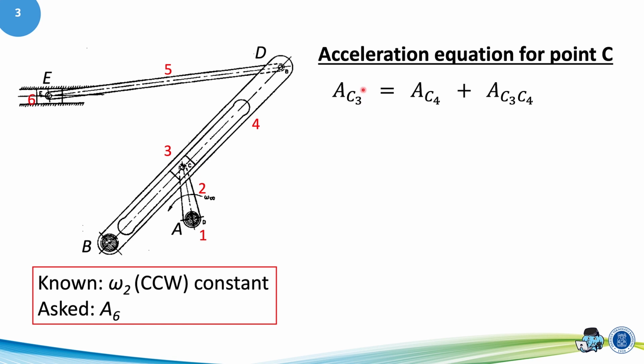But don't forget, AC3 has the normal and tangential component, also AC4, and AC3C4 has the component of slip and also the Coriolis.